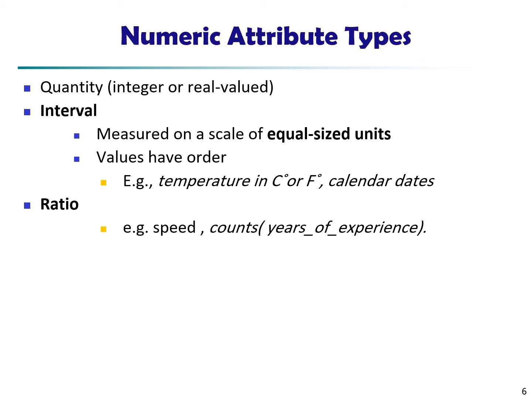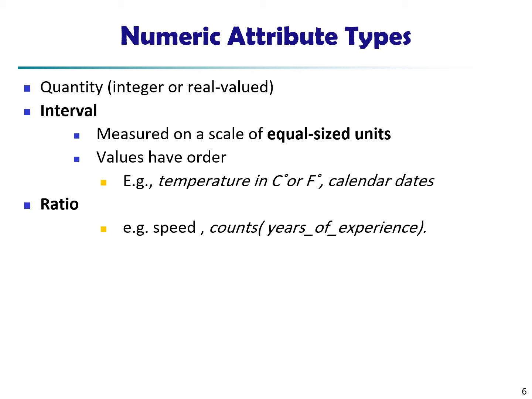In the numerical type, we have two subtypes: interval and ratio. Both are numbers. However, the difference is that the ratio data type does have a zero reference point, and the interval does not have a reference point.